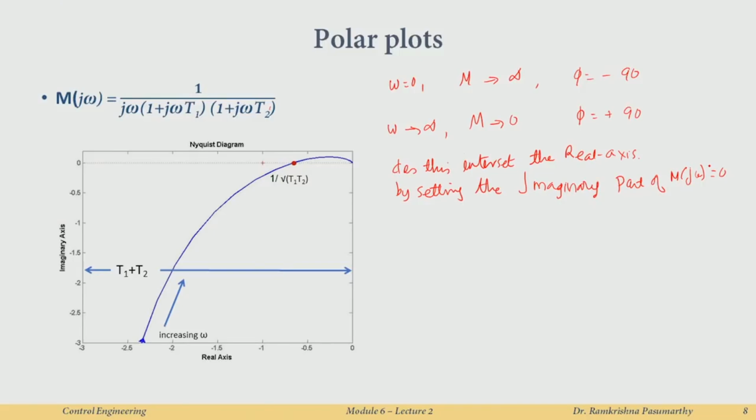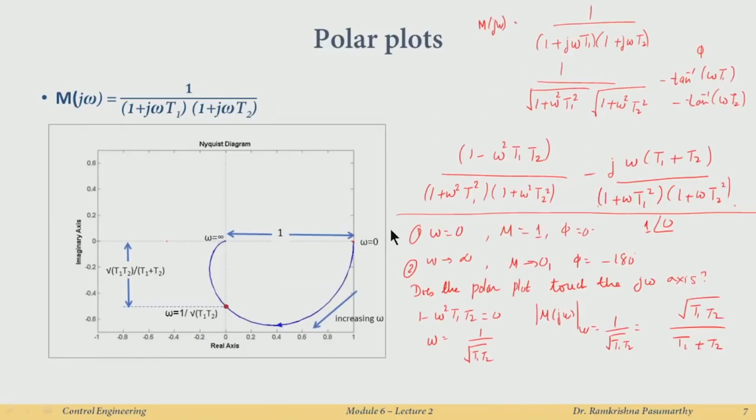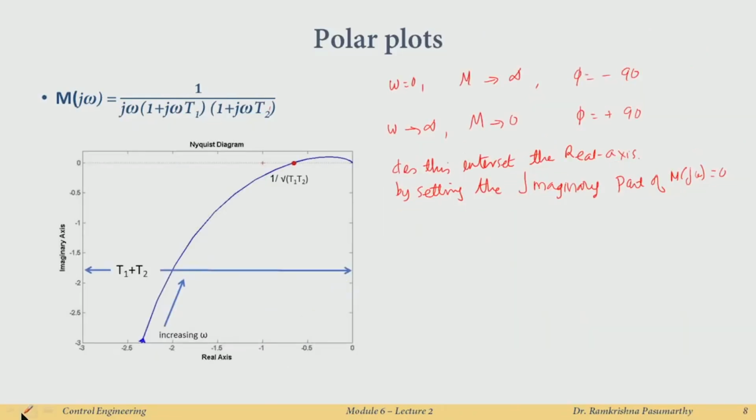I'll skip those expressions, as you can easily do this. To the previous magnitude expression, you just add 1 over j omega. So if I add a 1 over j omega, this will become my imaginary part now because of this j. Let's quickly do this.